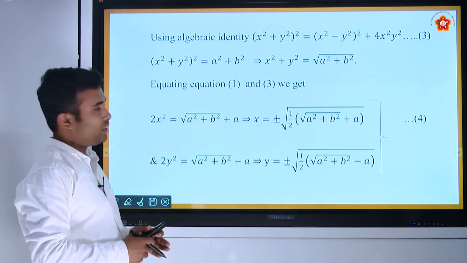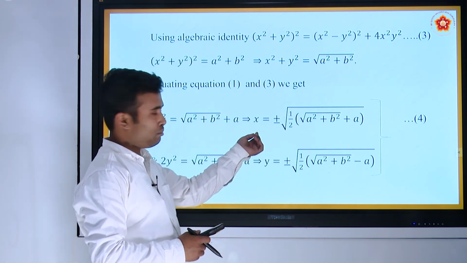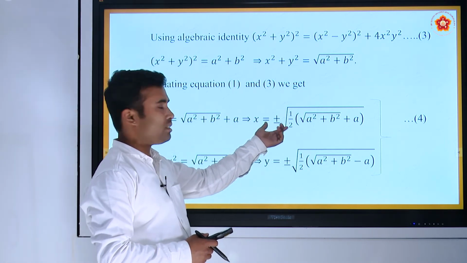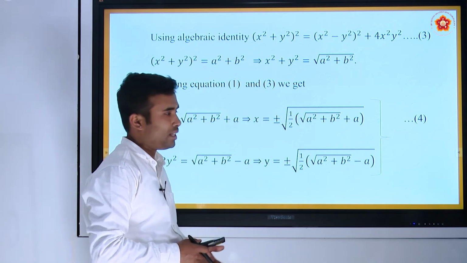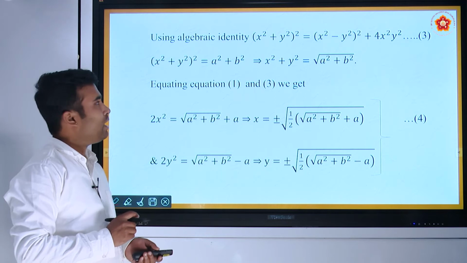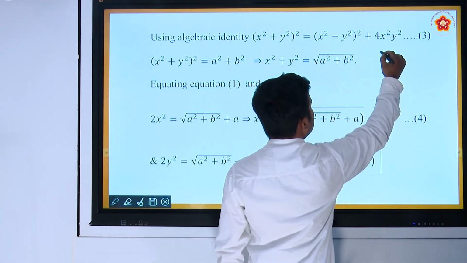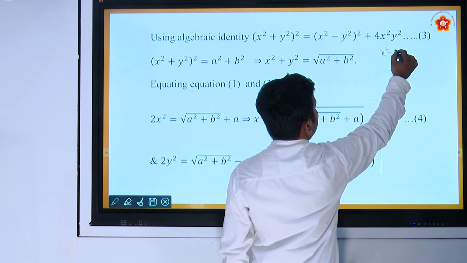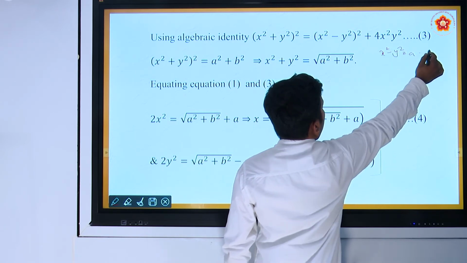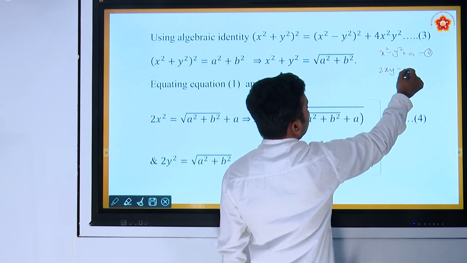So here we have 4 pairs of values for x and y. For x we have 2 values, for y we have 2 values. And here we have to discuss, from equation 2, where equation 1 is x square minus y square is equal to a, and equation 2 is 2xy is equal to b.